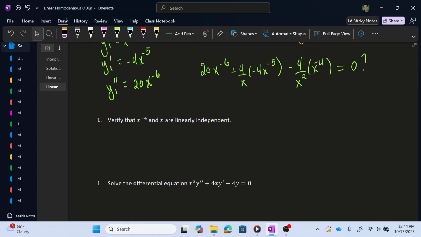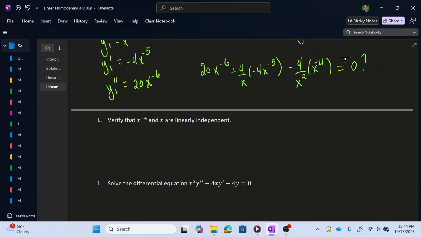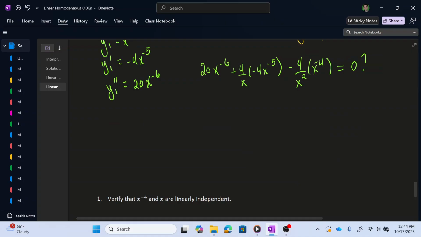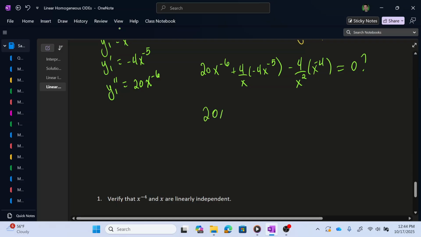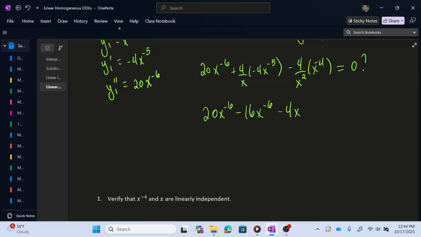Well, using the exponent properties, I can clean up this expression on the left-hand side. I get 20x to the minus 6, then negative 16x to the minus 6, then negative 4x to the minus 6.